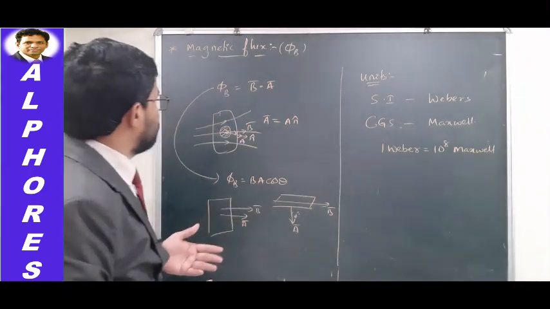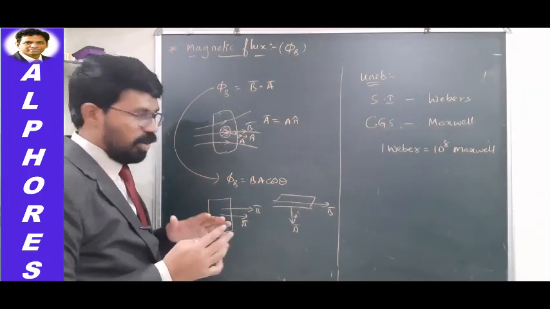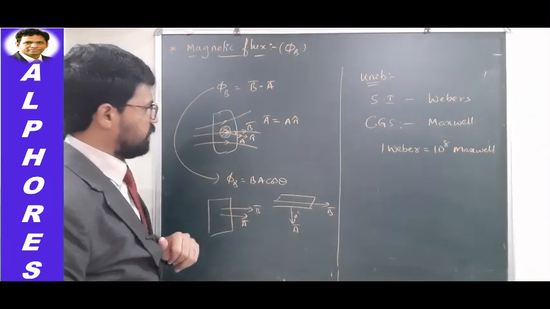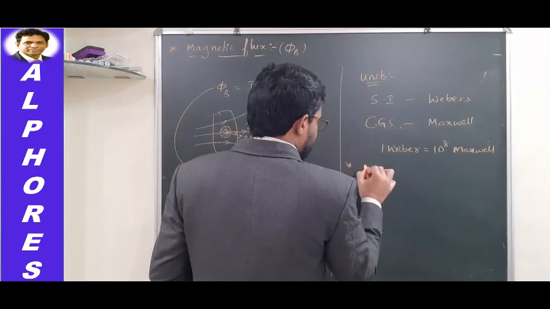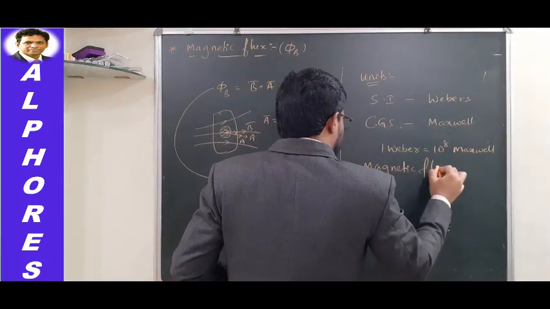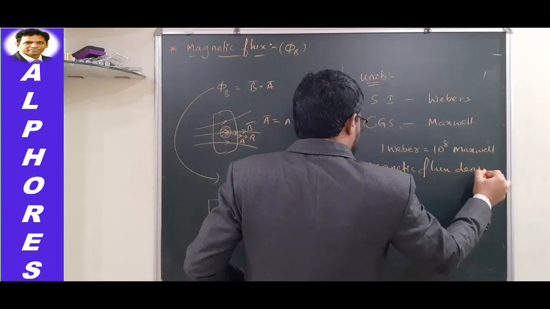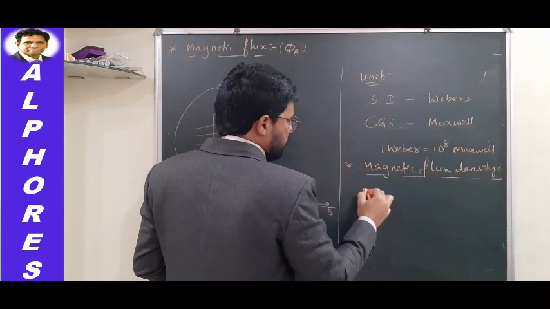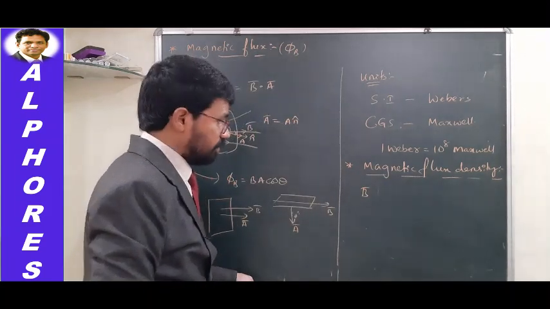Now let us talk about one more point that is quite relevant to whatever we have discussed earlier: magnetic flux density. What is this? Magnetic flux density is nothing but B bar only.